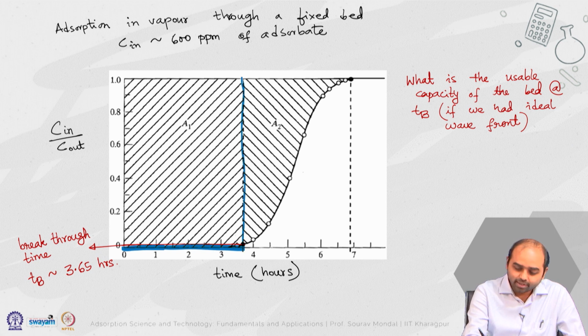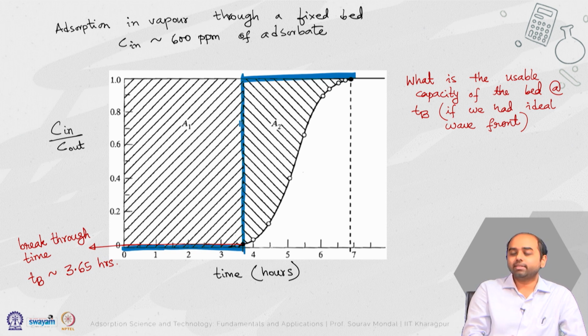At the breakthrough time it reaches the value equal to 1. So this would be like if we are considering that the bed attains breakthrough right at the breakthrough point, then what is the usable capacity?